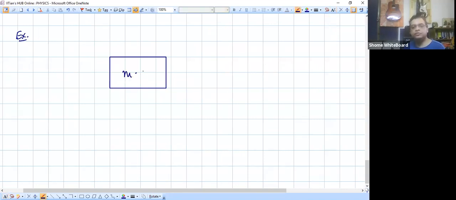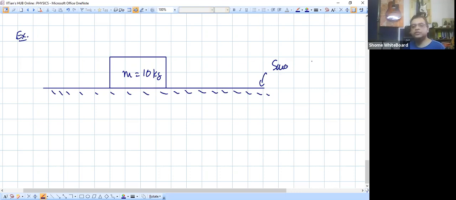We have a mass of 10 kilograms, which is lying on a smooth or frictionless surface. And acceleration due to gravity g pointing downwards is 10 meters per second square.